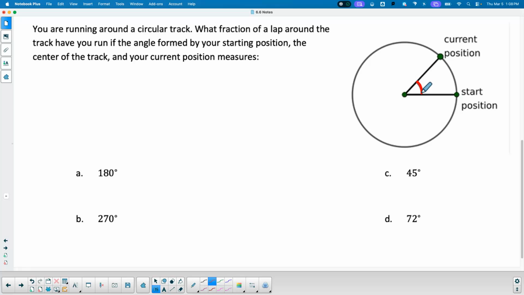If that angle that's in there is 180 degrees, what part of the track have you run around? What fraction of the track? Oh, a half. You run around half of the track.